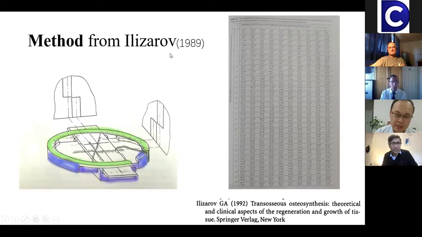And then in 1998, the method from Professor Ilizarov, published in his book, Transosseous Osteosynthesis. Professor Ilizarov gave us a small device like this to evaluate oblique or translation deformities. We also should combine some tables, some numbers in that, which is a little complex.